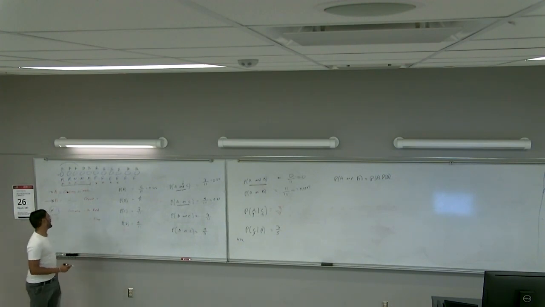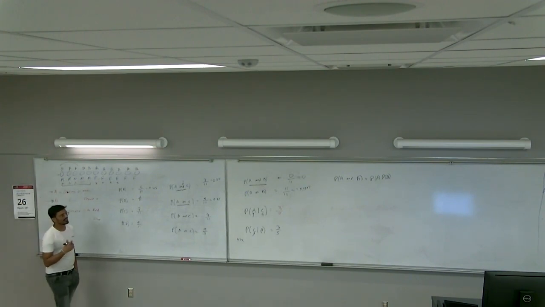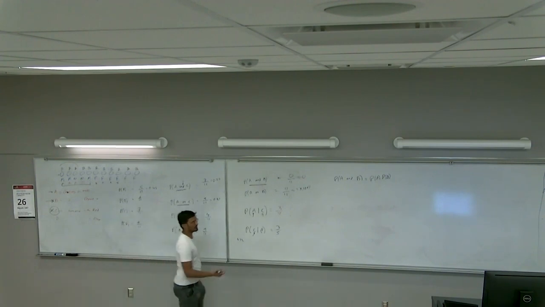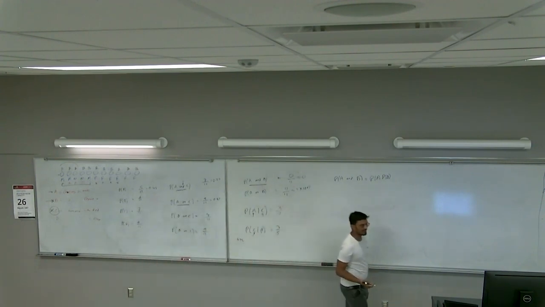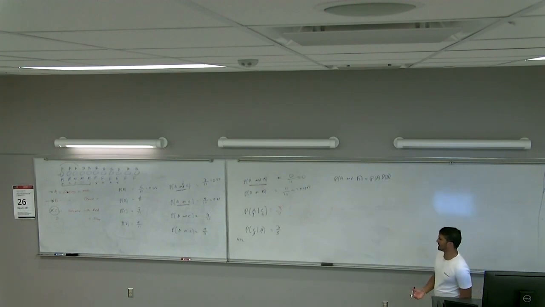Independent means satisfying one set should not have any impact on the probability of the other, so knowing that one occurs does not change the probability that the other occurs.